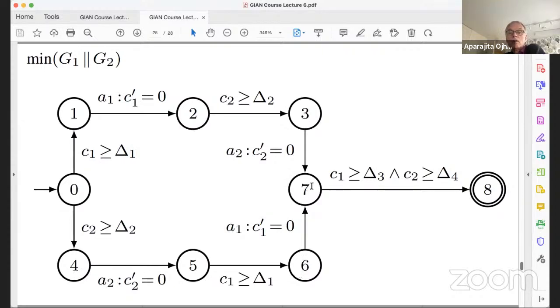And then it's enough that we evaluate that the second clock in the respective models have passed their limits, delta 3 and delta 4, to reach the final state. So you could say that the time optimal solution is represented in this not very much smaller model.